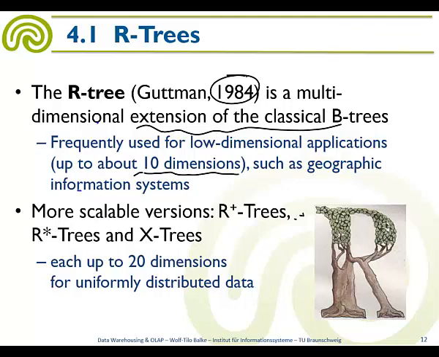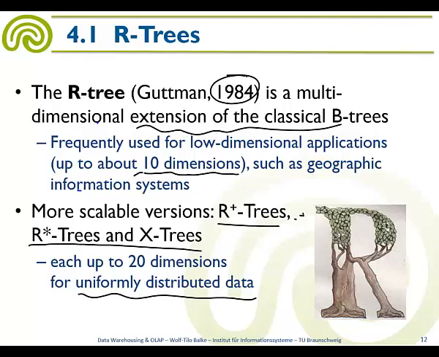More scalable versions of the R trees are R plus trees, R star, and X trees. And these actually go up to 20 dimensions in the worst case scenario when the data is uniform. So when your data space is dense, not sparse, you have all the different combinations for all the different dimensions, and usually in real life data that does not happen.